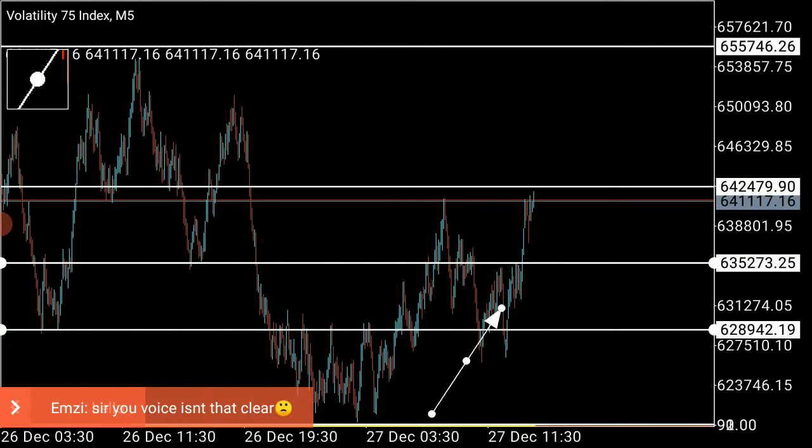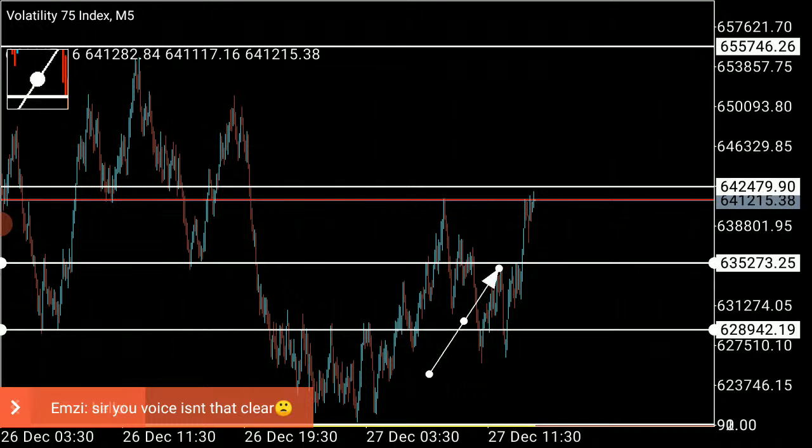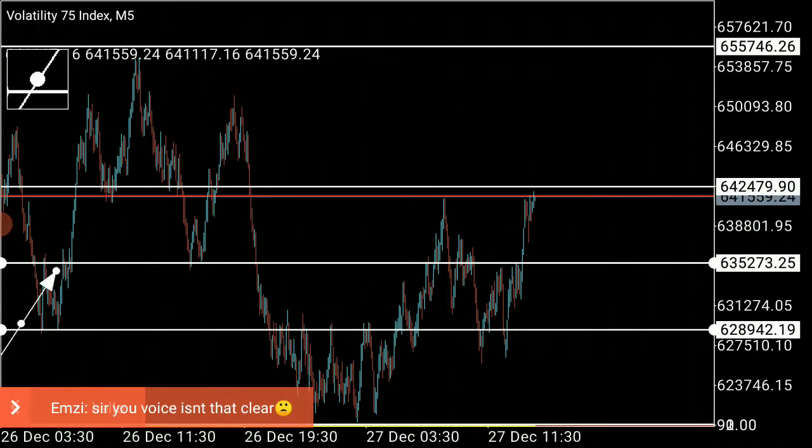When the trend was going up, here it became resistance and pushed it down. Okay, here is another resistance. Here was support to this area and support to this area. Here was resistance to this area.